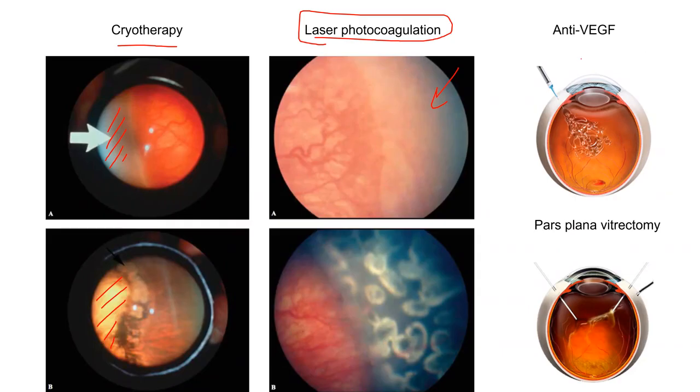If the lesion is in zone 1, we don't have any treatment except anti-VEGF. Anti-VEGF is used for zone 1 management. For stage 4 and stage 5, where there is retinal detachment, there is no management except pars plana vitrectomy, with guarded prognosis in stage 4 and poor prognosis in stage 5.